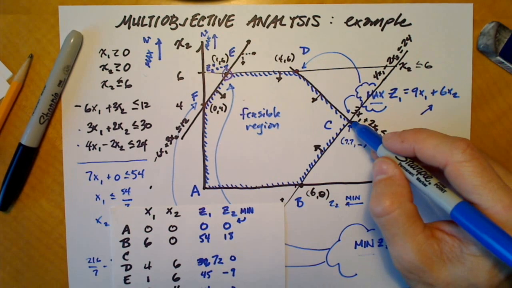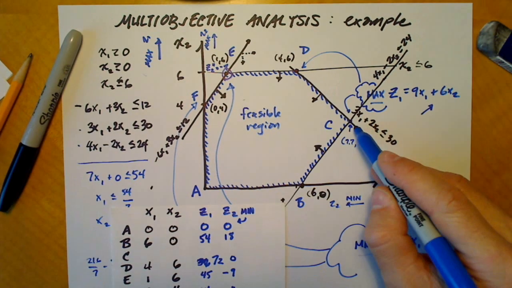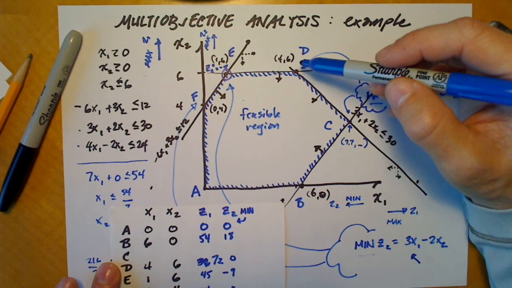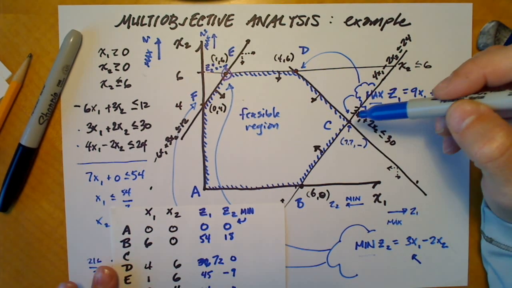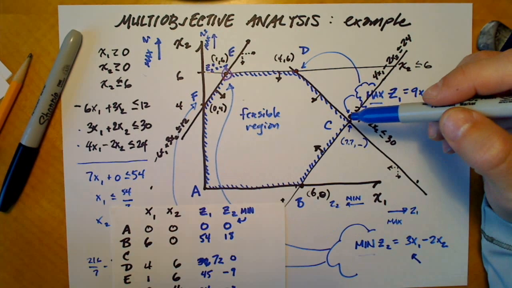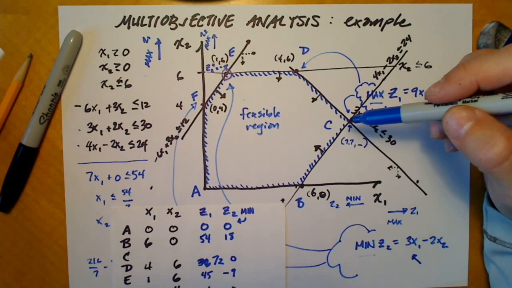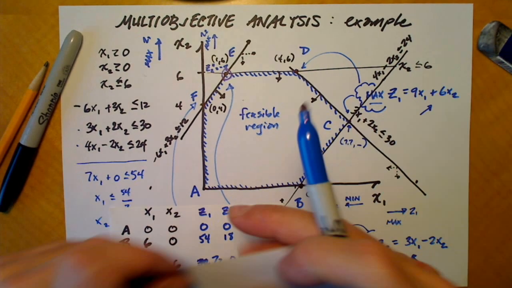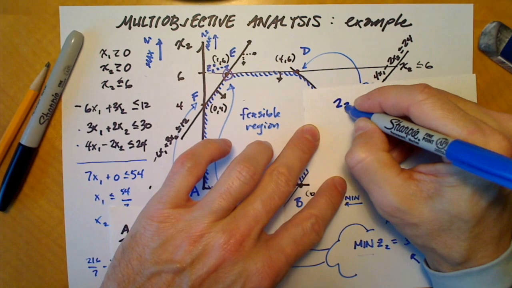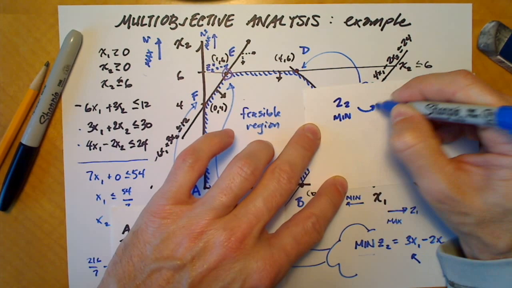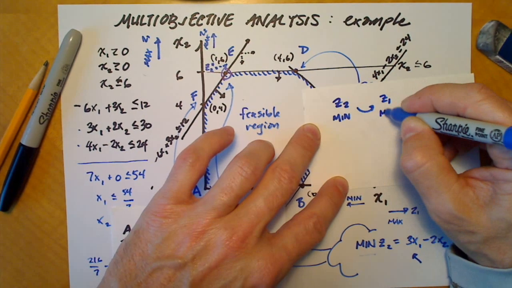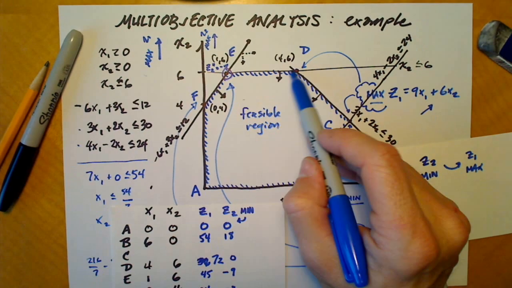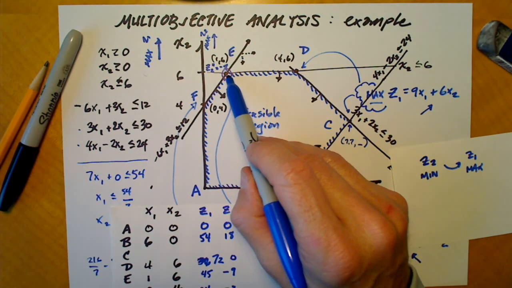What about Z1? We still have this problem of I haven't done the math on C, and neither have you. So you're going to tell me whether D or C is a superior solution. Let's apply one of the things that we learned about the constraint method. If we were going to take a particular order, and that is we're going to solve for Z2 first, and then we're going to solve for Z1, would we be inclined to improve Z1 by moving from E to D?